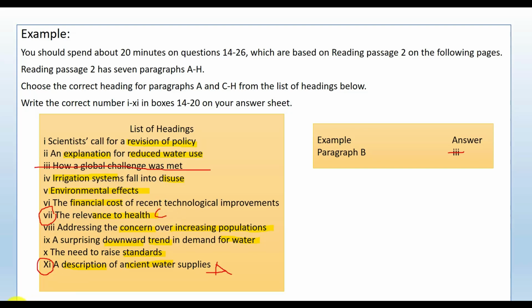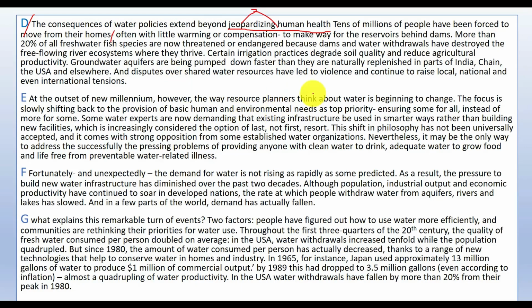Now let's go and answer this paragraph. Often with little warning or compensation to make way for reservoirs behind dams, more than 20% of freshwater fish species are now threatened or endangered because dams and water withdrawals have destroyed the free-flowing river ecosystems where they thrive. Okay, that's important. It has something to do with the environment. Certain irrigation practices degrade soil.